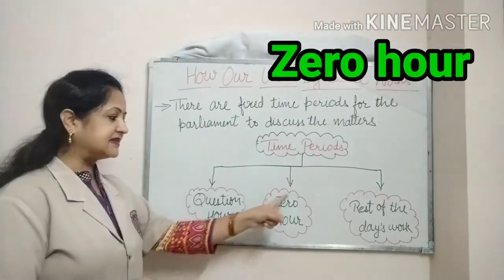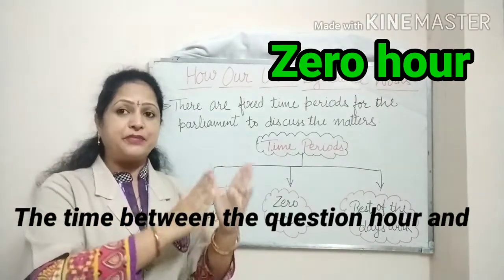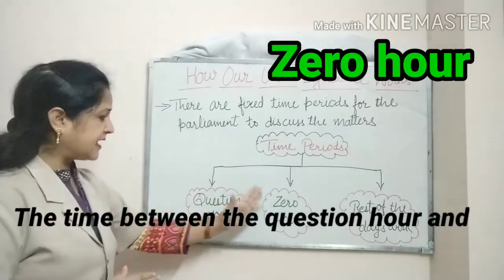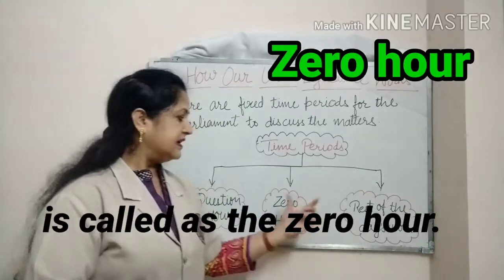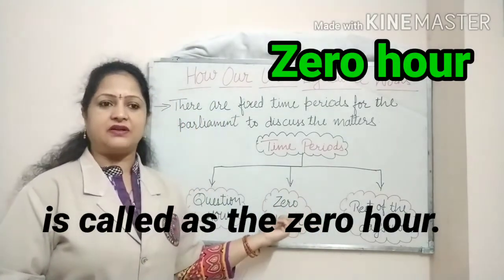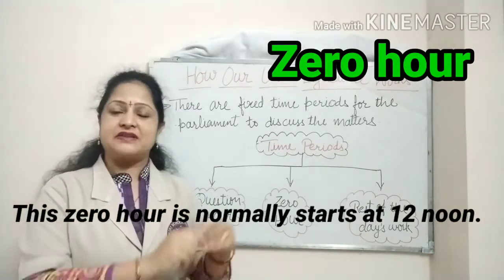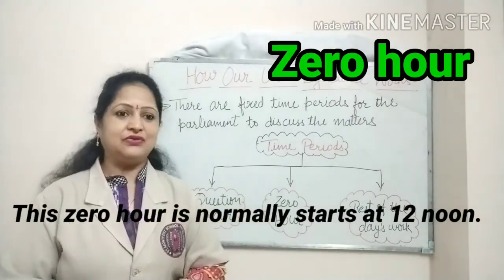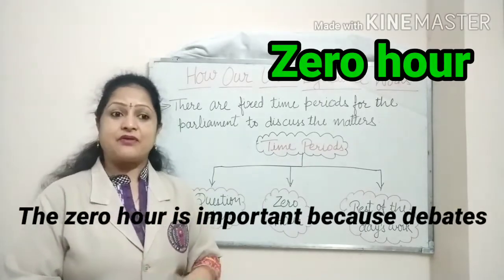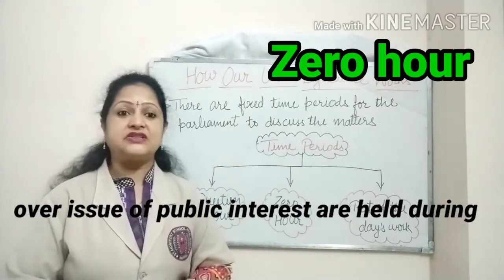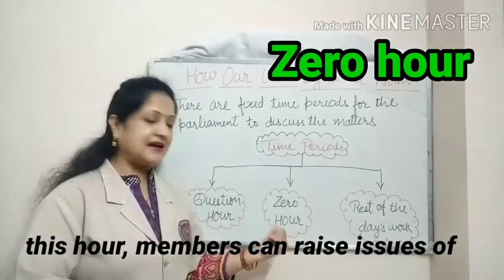And the second hour is the zero hour. So zero hour, the time between the question hour and rest of the day's work is called zero hour. So this zero hour normally starts from 12 noon. Okay, the zero hour is important. Why? Because debates over issues of public interest are held during this hour.